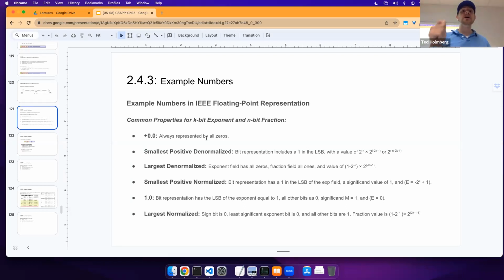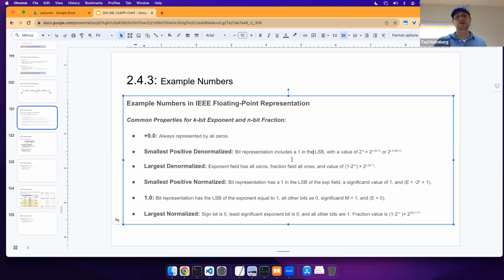Our smallest positive denormalized value, based on our bit representation, has to include a 1 in the least significant bit. And so our values can be defined in terms of this formula. I don't want to spend too much time just looking at the formulas. I'm going to plug these terms into the formula when we actually look at the examples.